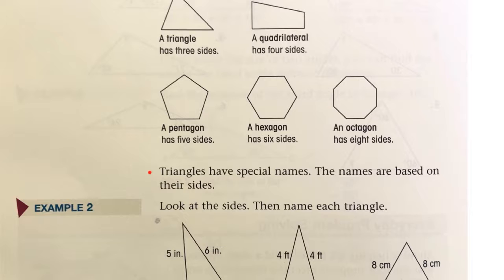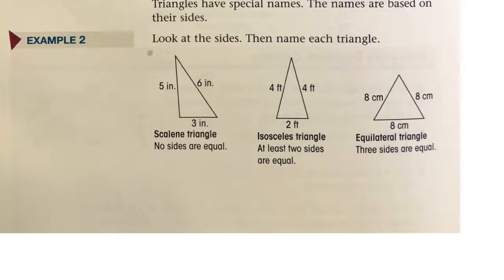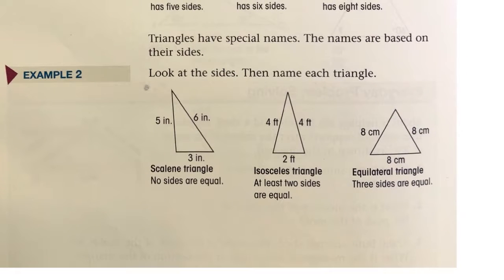Triangles have special names. The names are based on their sides. So look at the sides, then name each triangle. We've got a scalene triangle. No sides are equal.